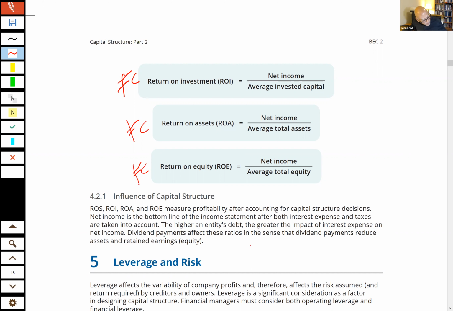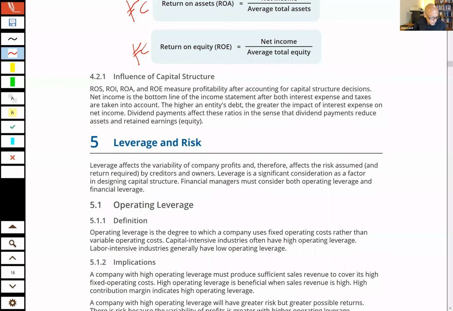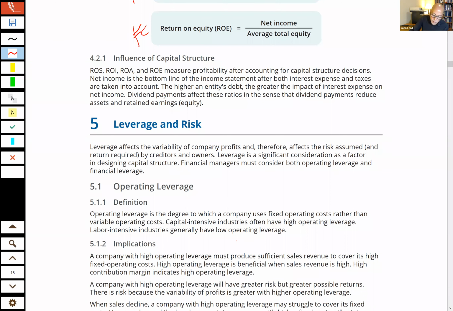Okay. Now you come over and we start talking about our leverage. There are two leverages that we're going to talk about here. We're going to talk about our operating leverage and how that will create risk, and then we'll talk about financial leverage, and how each of them can create or mitigate risk, create or enhance opportunities for the company.